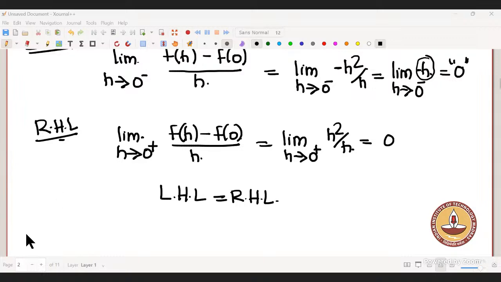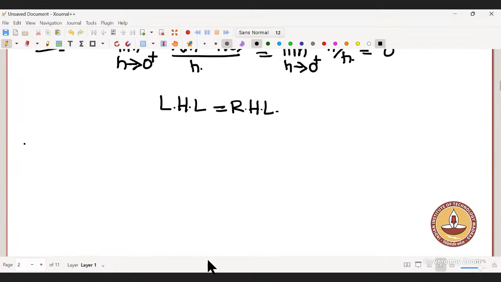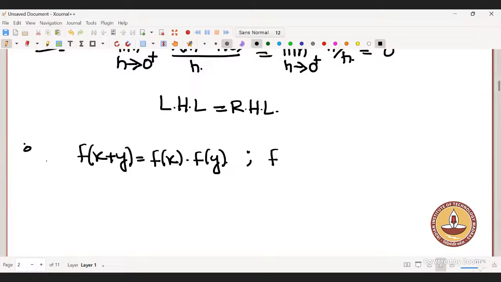So on question number 8, the same activity: f of x plus y is equal to f of x times f of y for all x, y in R, and f of 9 is equal to 6 and f dash of 0 is equal to 4.